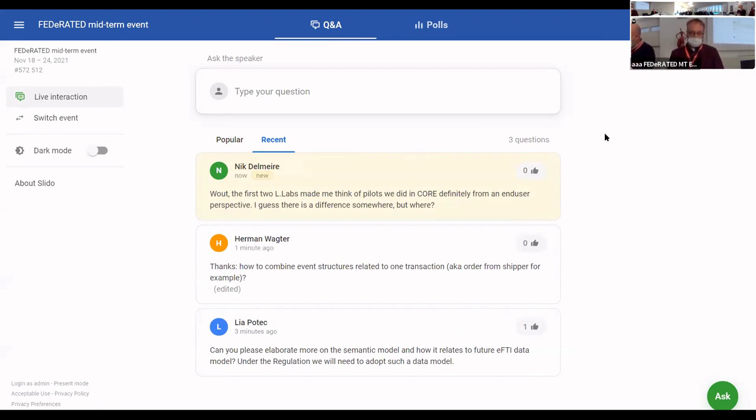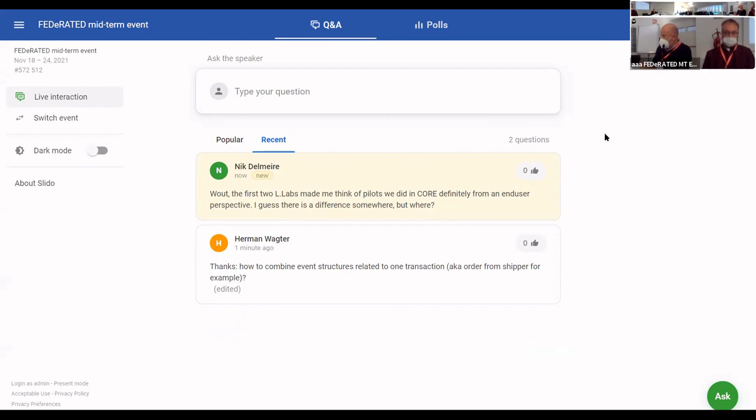Then we have another one: how to combine event structures related to one transaction, an order for shipment, for example? Also a good question again, Herman. So this shipment or transaction is a combination of events where the user defines a single event. He says, I have my transaction, and in this transaction, it's about a container, it's about a truck, and it's about the place of loading and place of discharge.